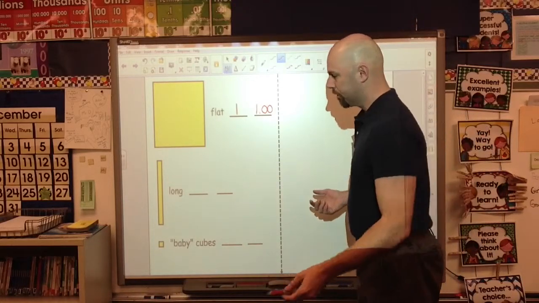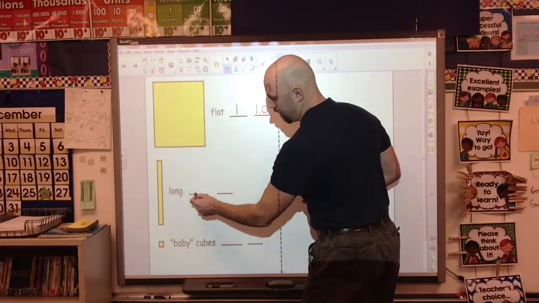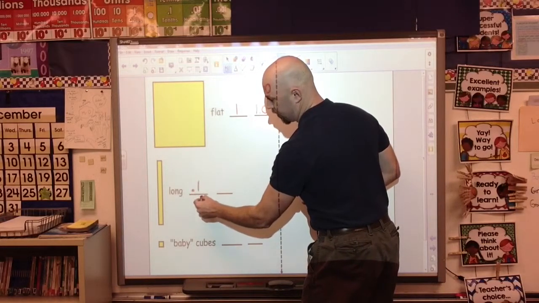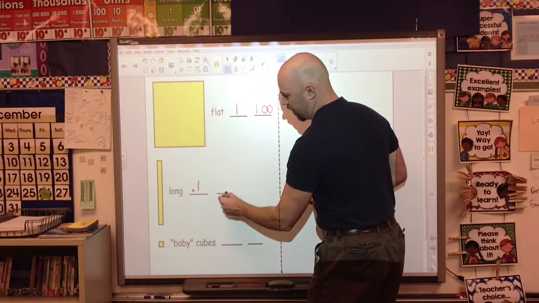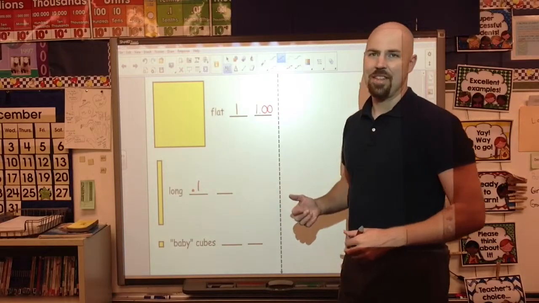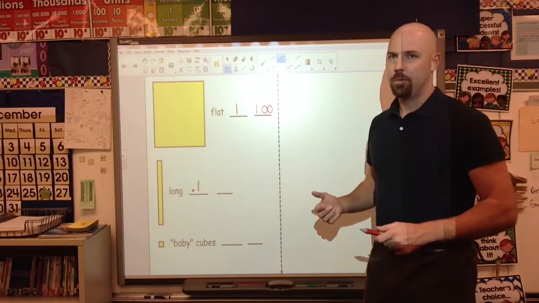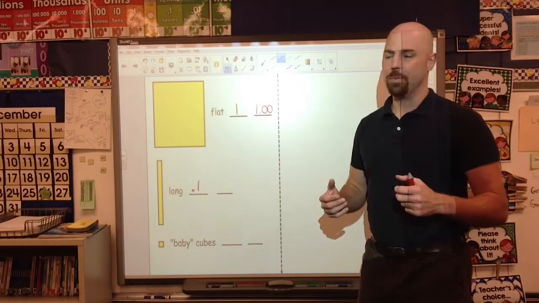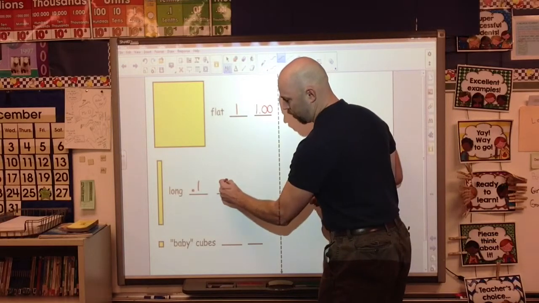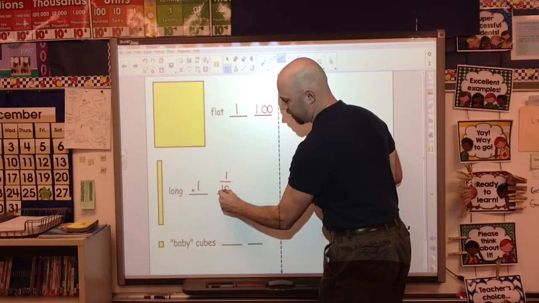So for our longs, we have a tenth. Our tenth as a decimal looks like that. We also want to learn to say tenth instead of 0.1. We call it speaking decimal because that's going to help us later on when we're converting between decimals and fractions.